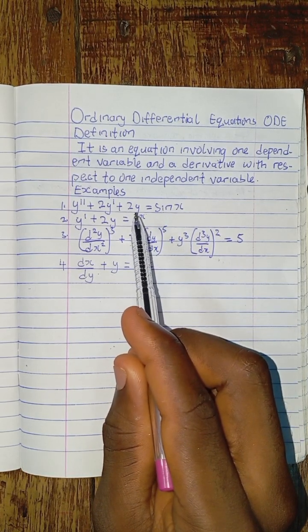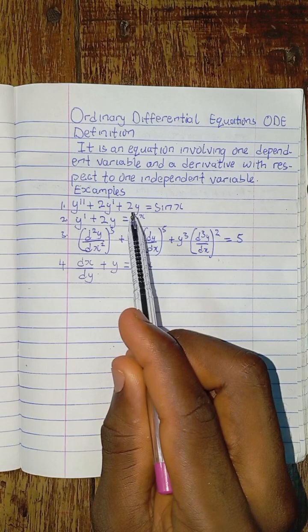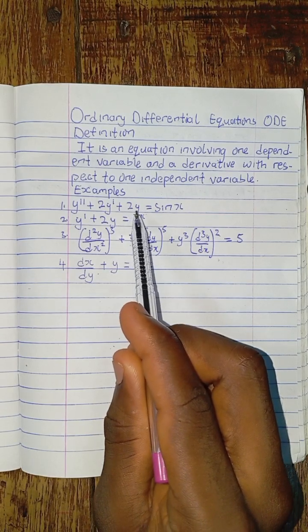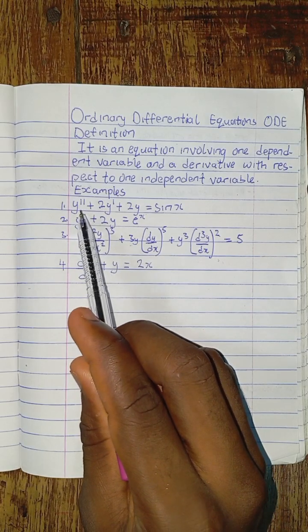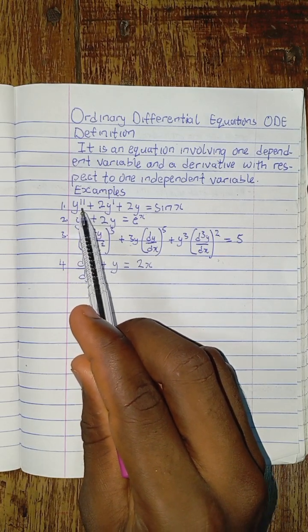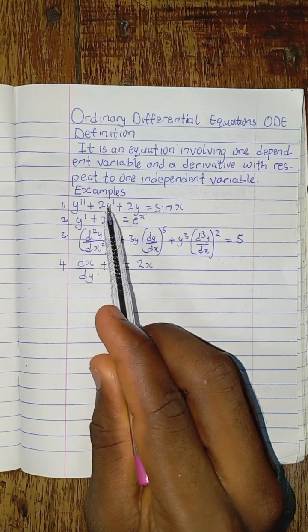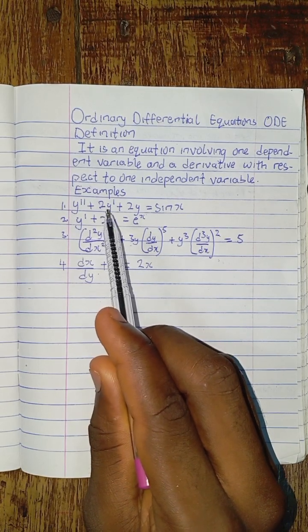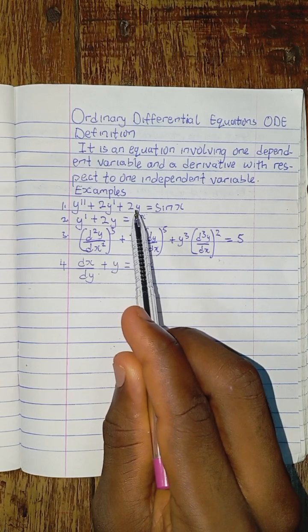There's no other dependent variable like maybe any other letter like c or z. It is only dependent y and independent x with the derivatives of the dependent, that is y prime prime and 2y prime. So it can have more than one derivative of the dependent, but it will have only one dependent variable, that is y.